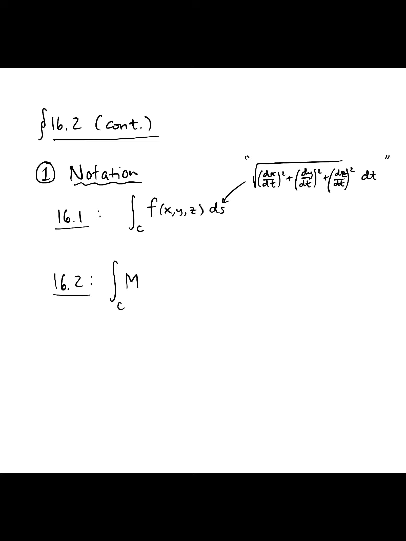Now, instead of little f, they all of a sudden decide to use capital M. That's fine. It's just a scalar function. There's no arrow over that capital M. This isn't a vector field in any sense. Only this time, it looks a little strange relative to our thinking back in 16.1, because instead of ds, they write dx.